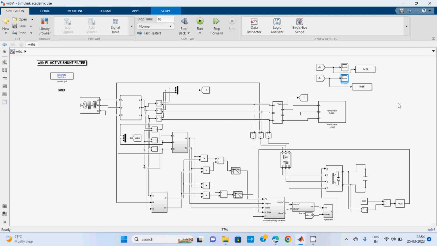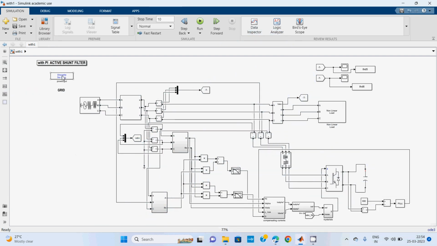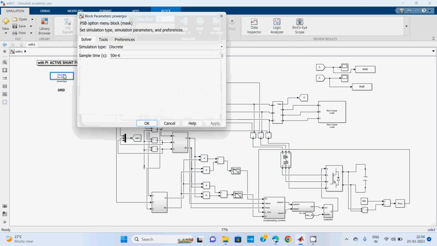And what is the major difference between the PI controller and the ANN controller? We need to figure it out. Why? Because different controllers play different roles in control strategies. So here, coming to the PI controller, I will show you the THD values of the PI controller.